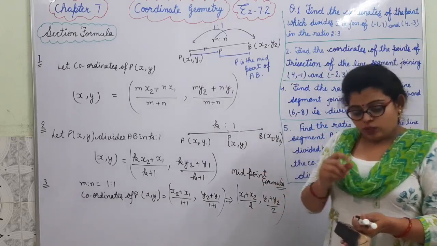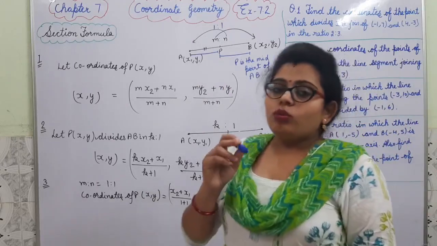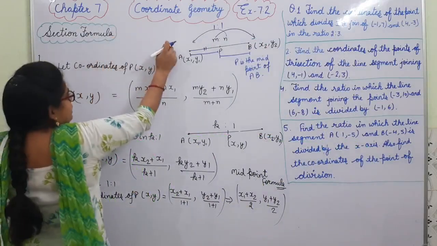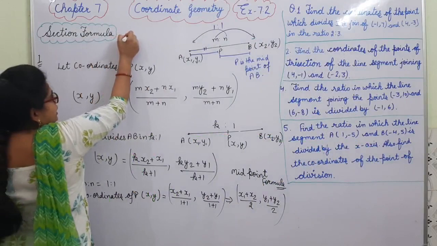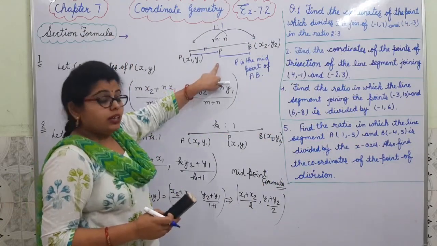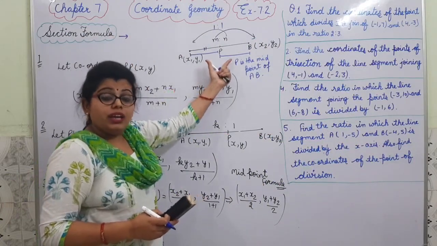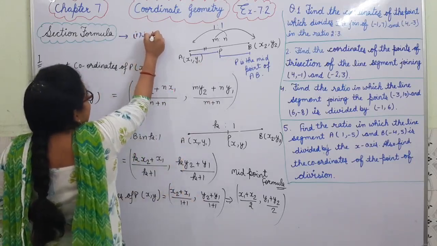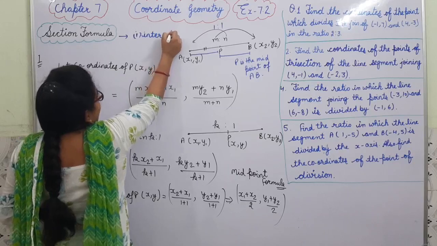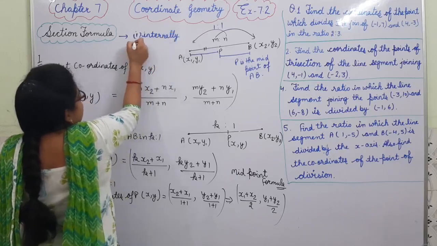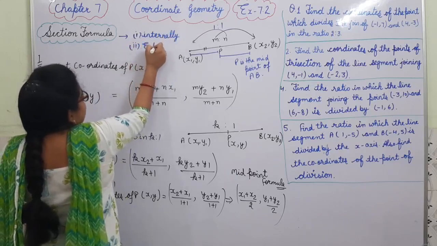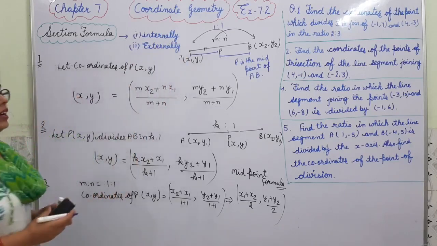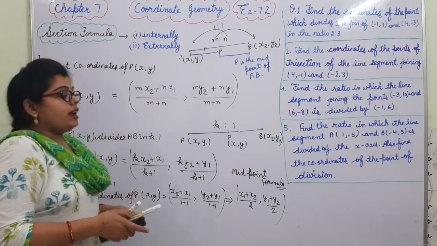Dear students, one more thing. Section formula is of two types. In this type, there are two categories. If this point P divides AB, one is internally and one is externally. What do we mean by internally and externally?